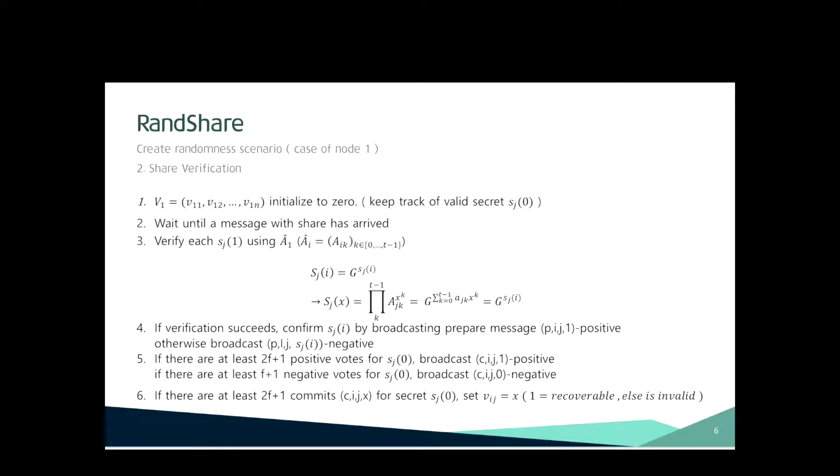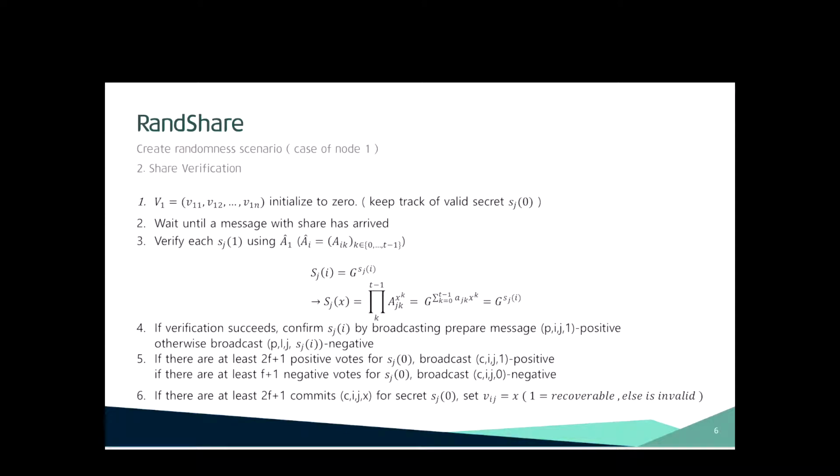Then verify each s_ji, in this case s_j1, using the hat value. The hat value is made by this equation and verified using this equation. If verification succeeds, confirm s_ji by broadcasting a prepare message, P_ij1, a positive message. Here P means prepare message, and this means i received from j.